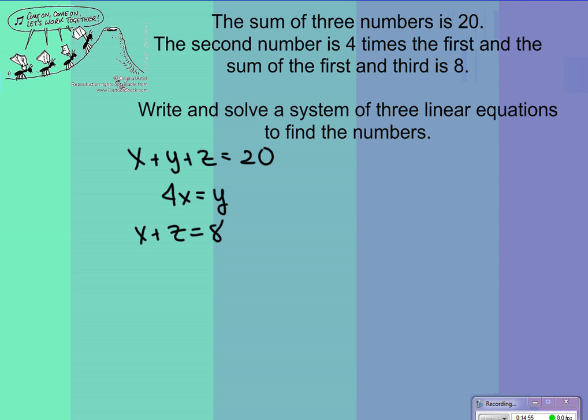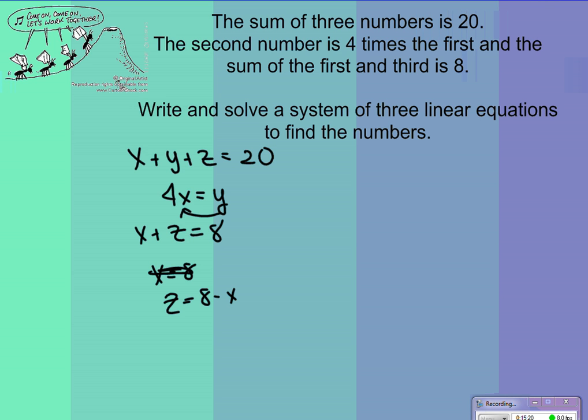Well, here's my 3 equations. So now here's what I would do. I would try and make everything in terms of x. So get x by itself where you can. So this will be 8. So z here is going to be 8 minus x.